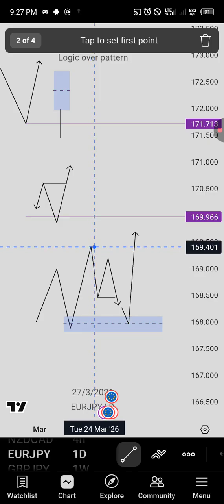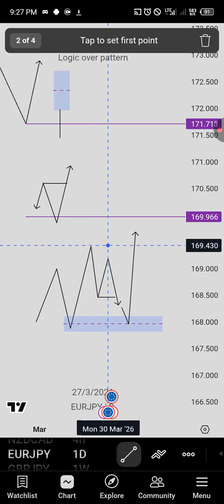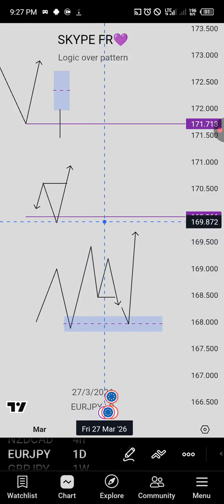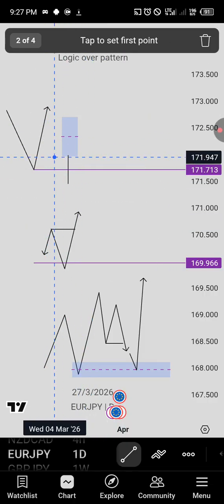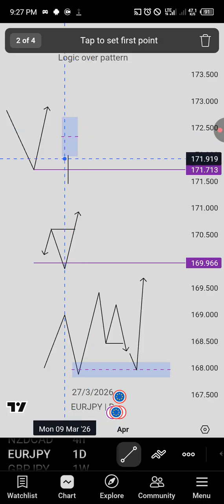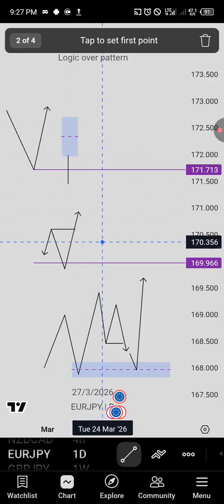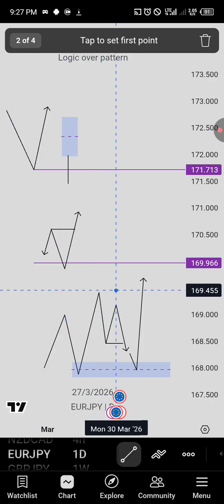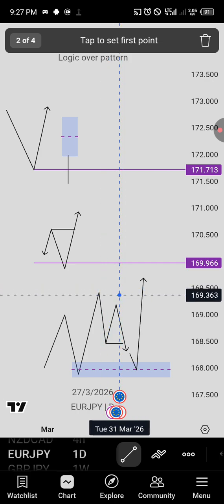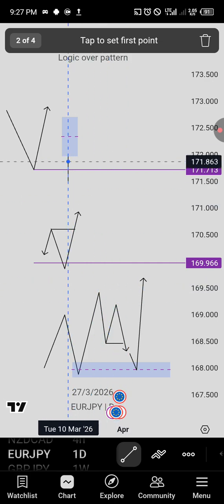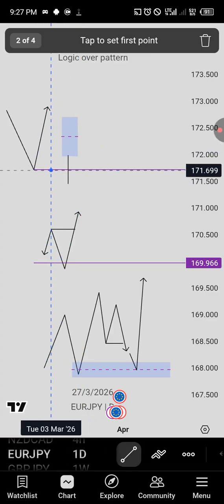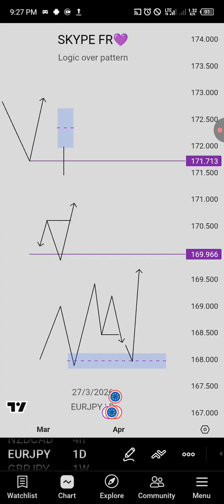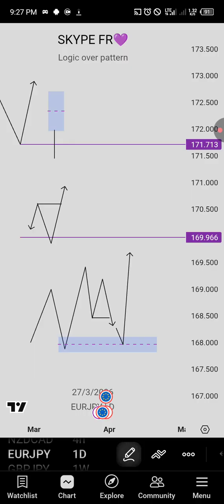So our target would be either this, or the next opposing key level from the daily time frame. Either the next drawn liquidity on our entry time frame, or the next opposing key level. Simple.